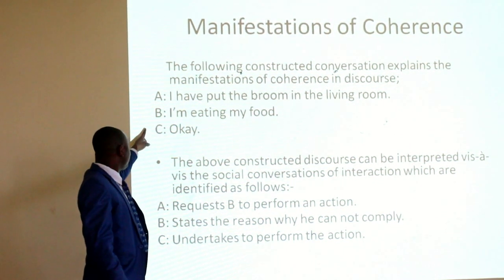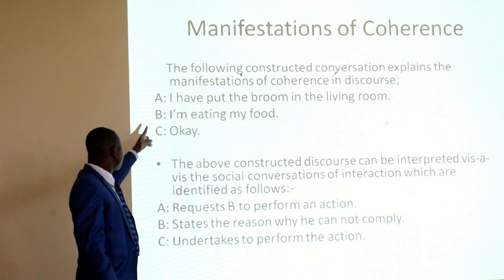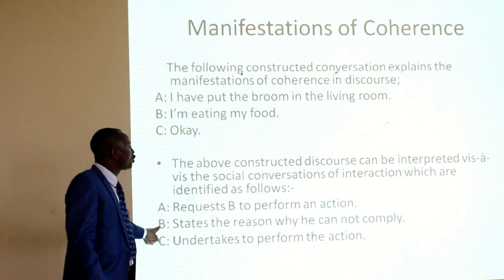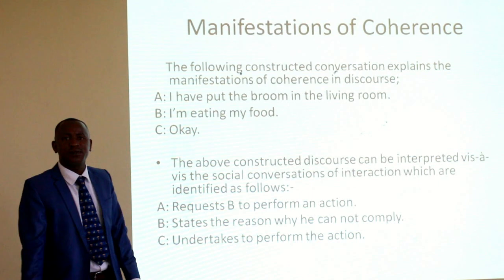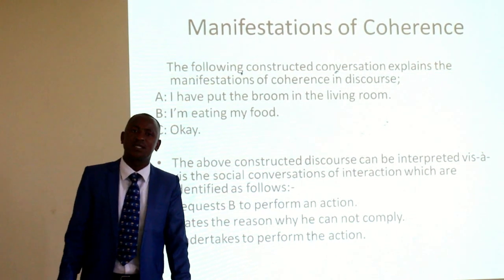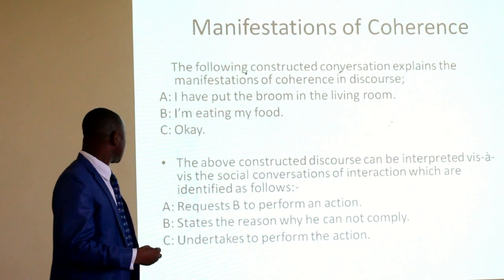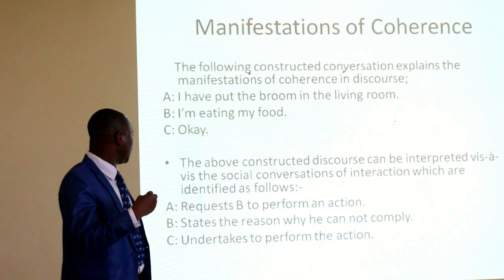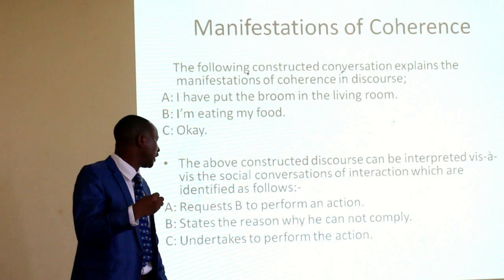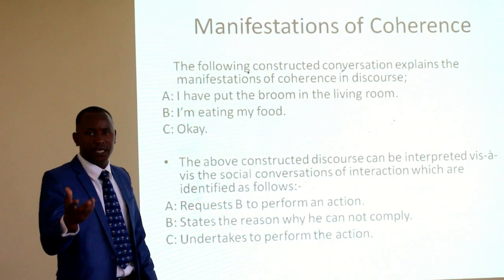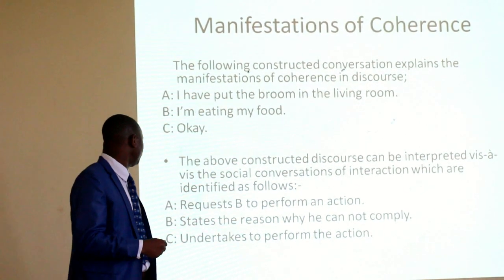B: I'm eating my food. This person states the reason why he cannot comply. In other words, he is telling the first speaker that he has an excuse as to why he cannot do what A wants him to do.